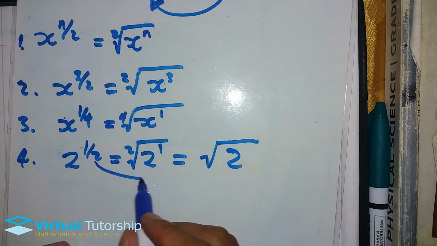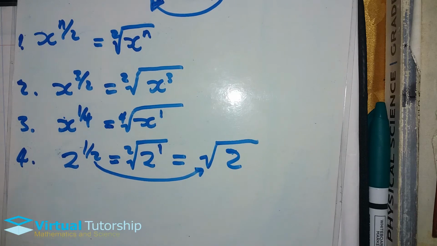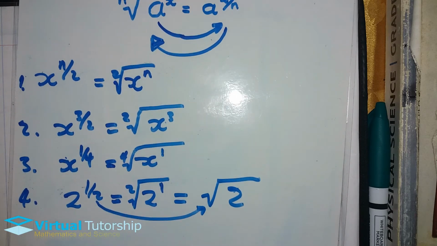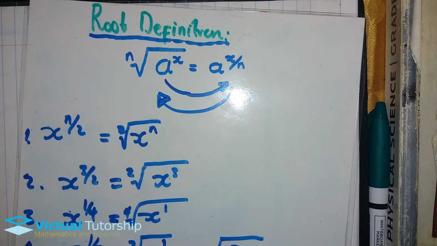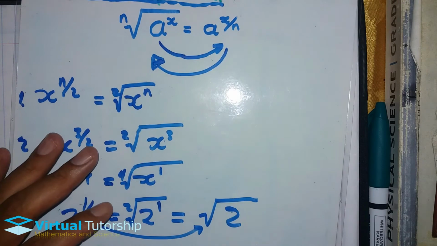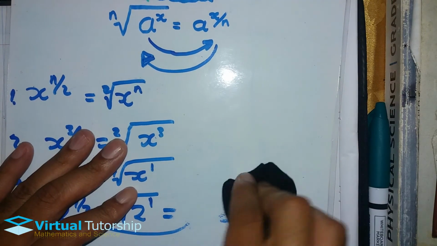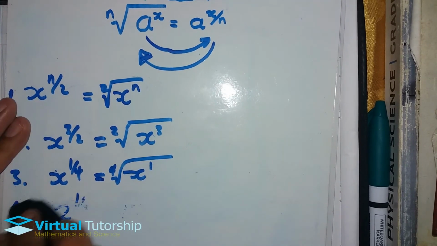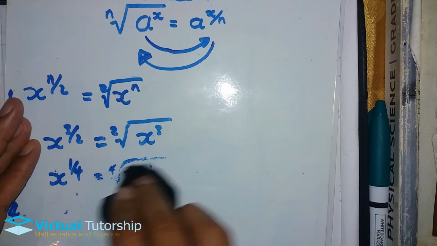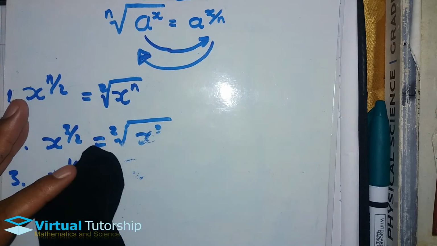So in other words, according to the root definition, all roots in exponential forms were represented as fractional exponents, right? I wanted to show with these examples that with the root definition you can work in both directions.